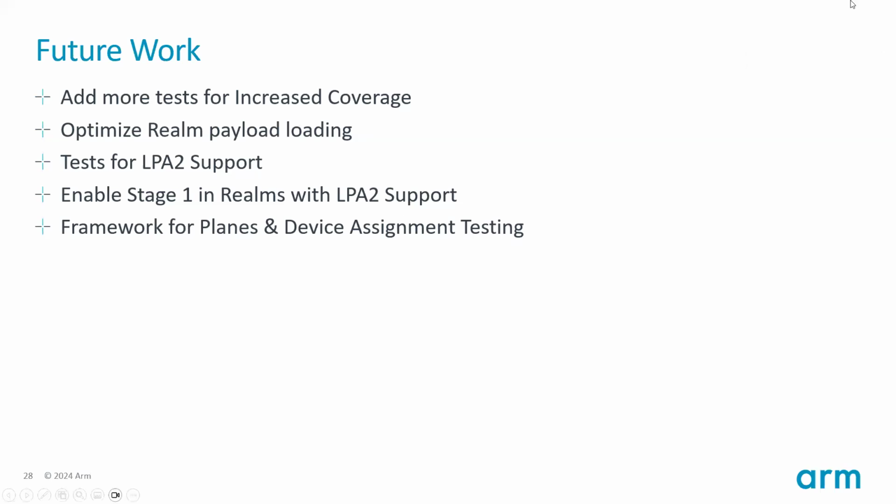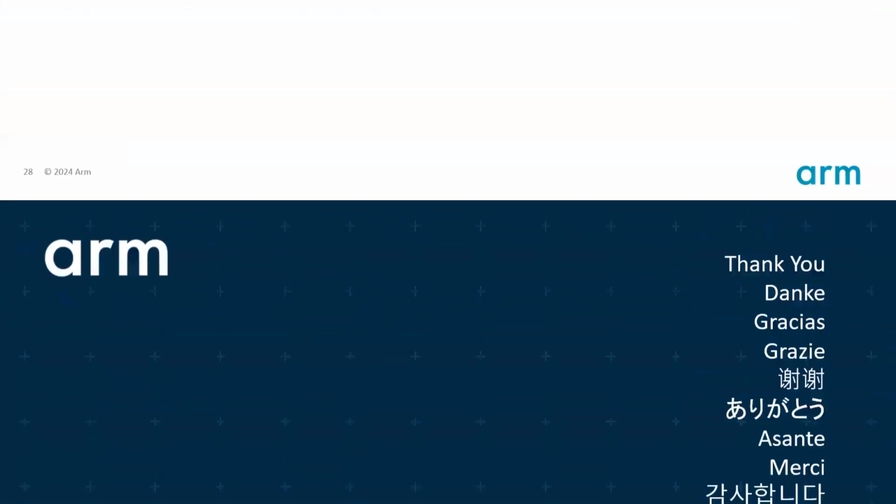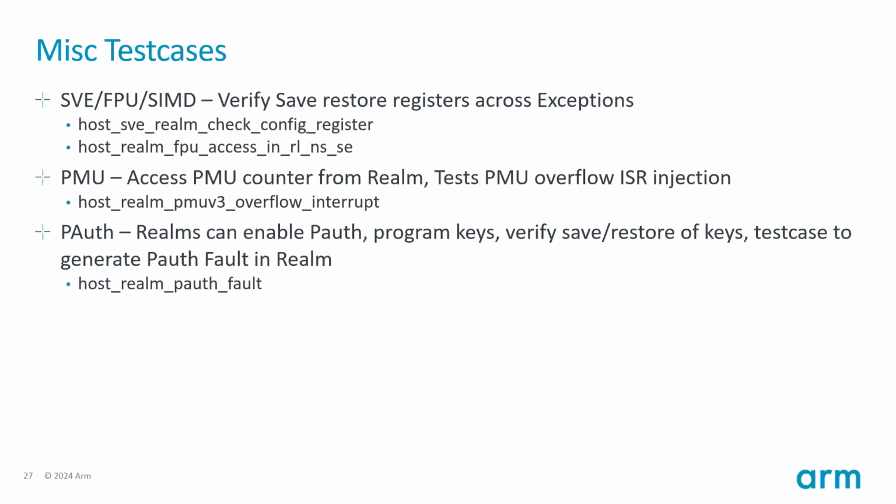I guess in the MISC test, you also have coverage for SME, right? Or at least check the context switch from the host to realms. SME, yeah. SME, I'm not sure.